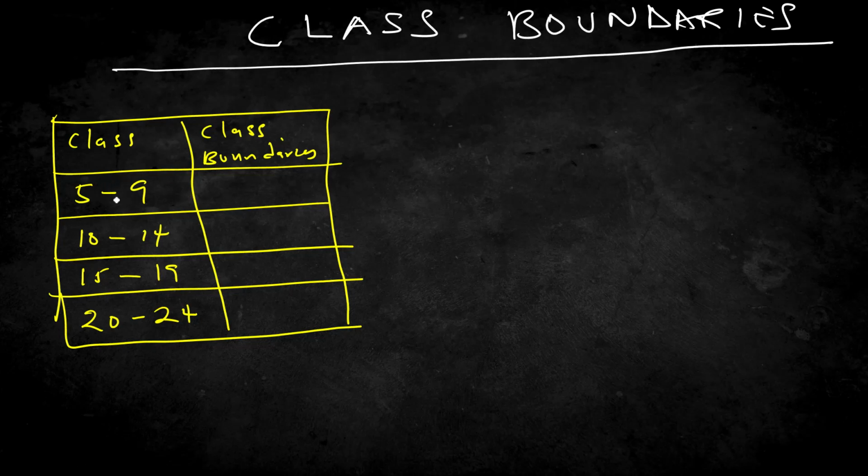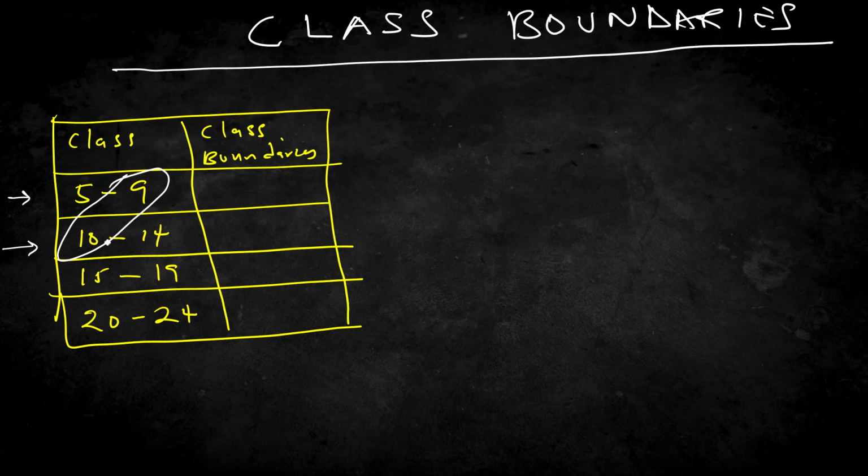So for instance, 9 here is the upper class limit of the first class, and the 10 here is the lower class limit of the next class.